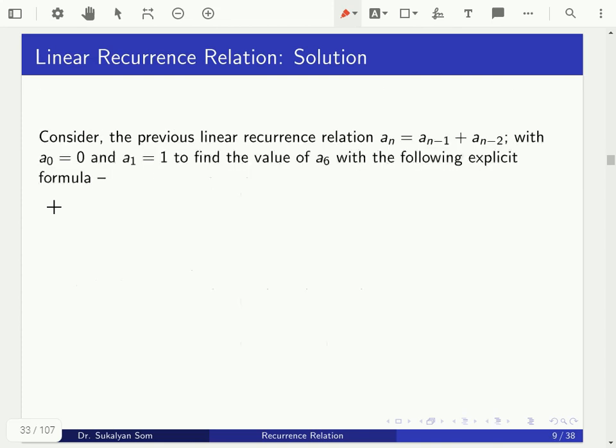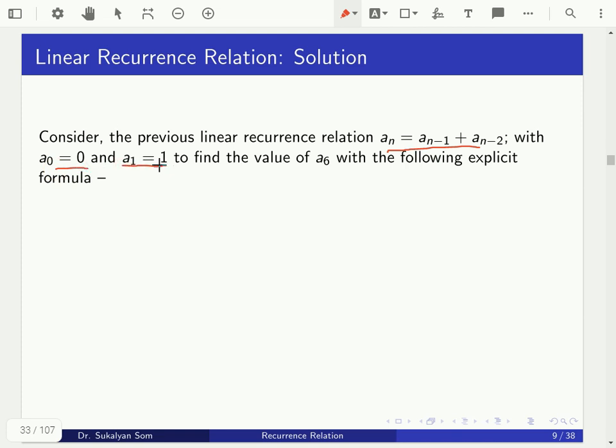Now let us consider that the same problem is given to us, that is the recurrence relation an is equal to an minus 1 plus an minus 2 is given to us, together with the initial condition a0 equal to 0 and a1 equal to 1.